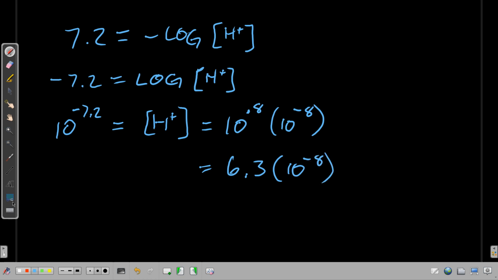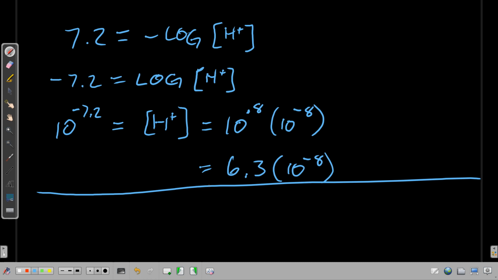I knew that 10 to the 0.8 had to be less than 10 because 0.8 is less than 1. So 10 to the 0.8 is clearly less than 10. Why is it greater than or equal to 1? Well, let's put a bound on that. So I want 10 to some exponent to be bigger than or equal to 1. Or I guess I'm just curious, where does this happen, right? Well, that would be when the exponent is 0.